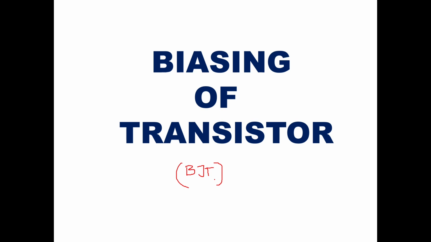So first we have to remember what we studied in semiconductor devices about the bijunction transistor. It is also called a bipolar transistor, and you can have two types in that: NPN and PNP.